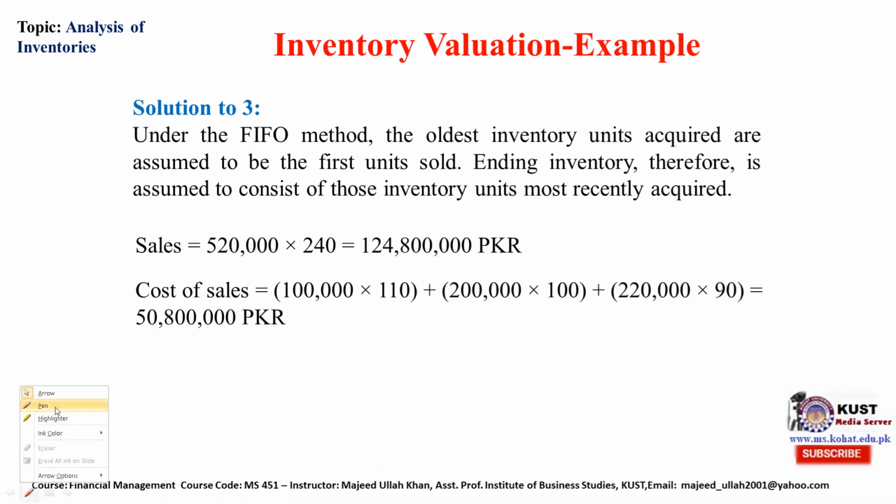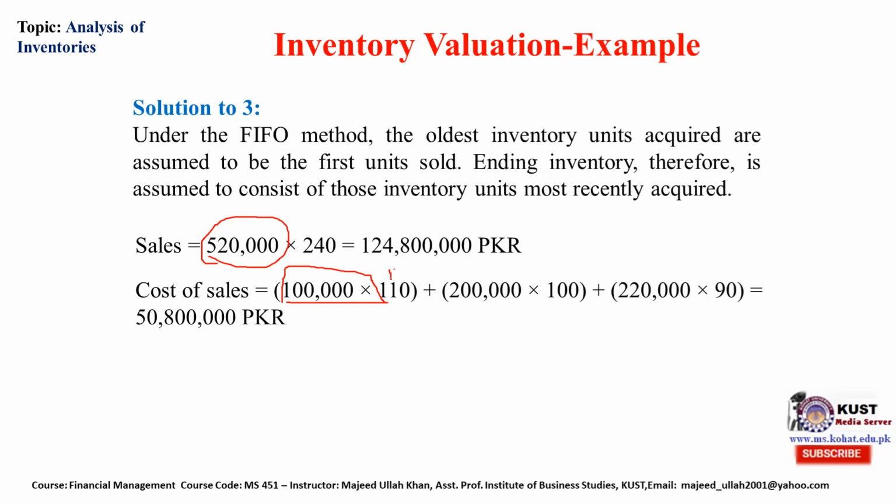So in these 520,000 units, we will assume first in first out method. 100,000 units were first in. So we will assume that these all have been sold and its cost is 110.